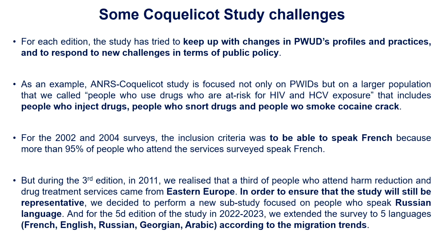For the 2022 and 2024 surveys, the inclusion criterion was to be able to speak French, because at this time, more than 95% of people who attend the harm reduction services and drug treatment services that we surveyed spoke French. But during the third edition in 2011, we realized, because before conducting the survey we do, for 1 year, an inventory of all services that welcome people who use drugs, and we include between 100 and 200 services for the survey.